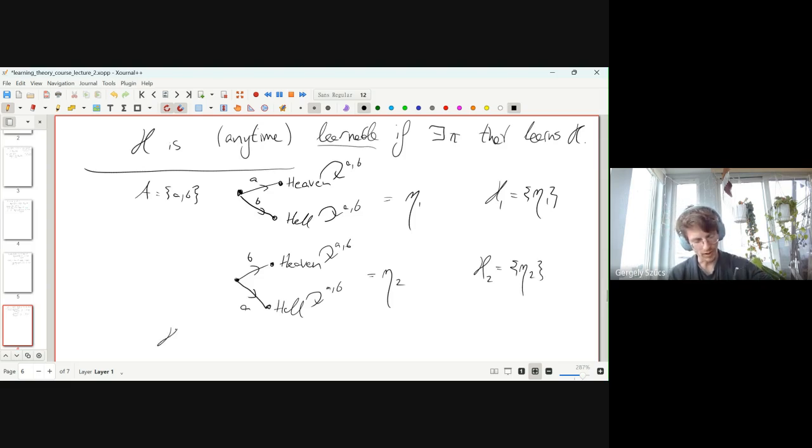So H1 and H2 are learnable, but H1 union H2 is not, because once you take the union, the optimal policies are very different: for one, the first step needs to be A, for the other, the first step needs to be B, and there's no way to recover from that.